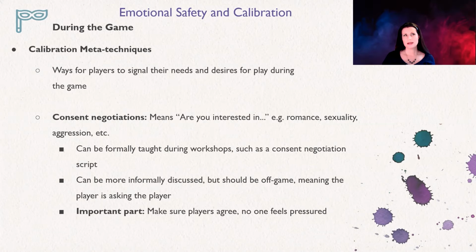Calibration is great because it allows us to decide in the moment with each other what's going to happen next. And I particularly like games that have act breaks, and I'll tell you about that in a second. But one thing that you can do in calibration is consent negotiations. So when you ask for consent for something, you're basically asking, are you interested in playing for romance or sexuality or aggression?